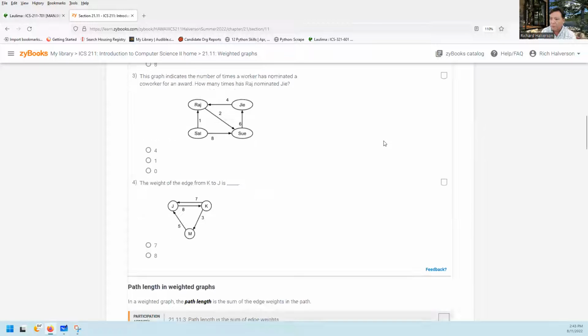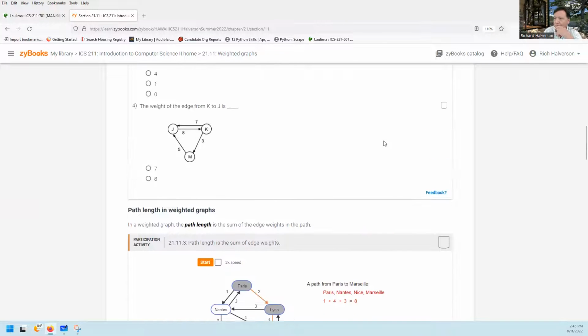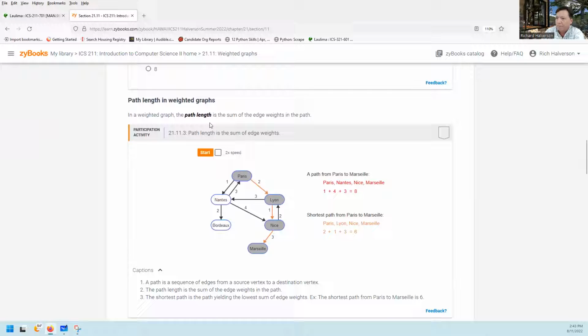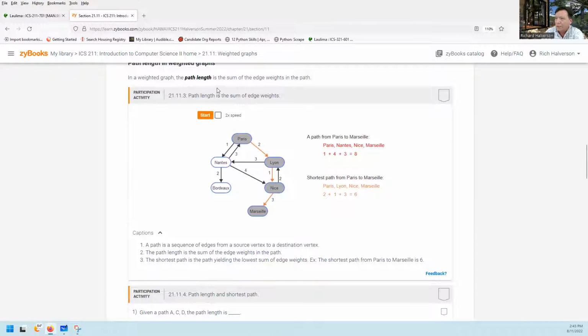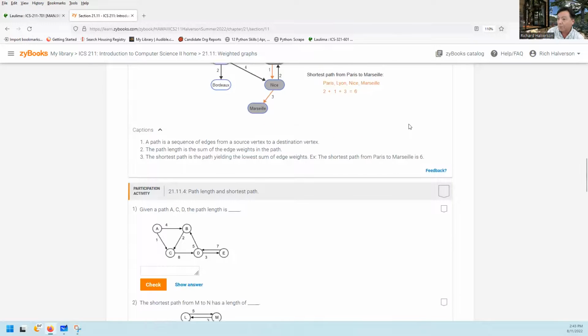So anyway, make sure you understand weights and path length in weighted graphs. We can say the length is the sum of the edge weights, a little bit different definition for the term there.